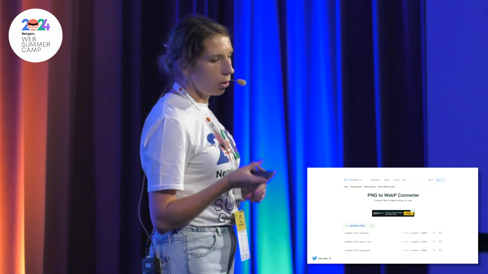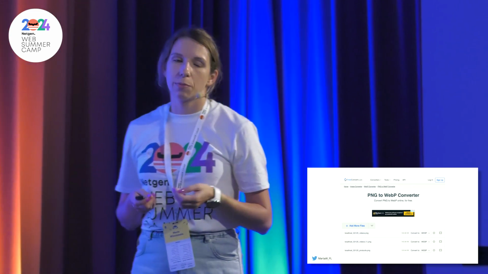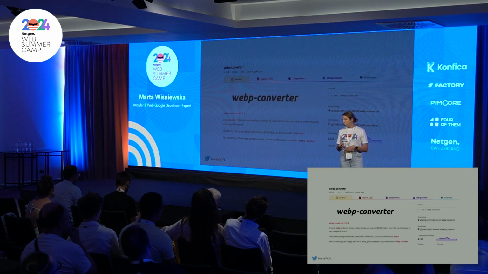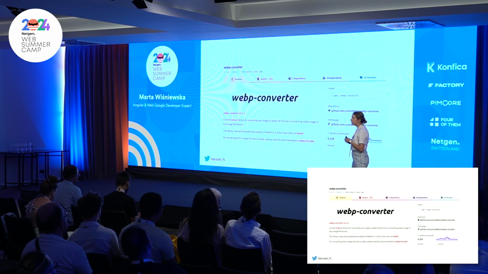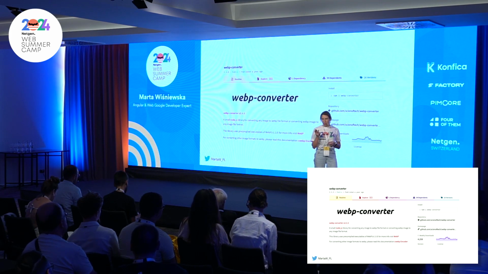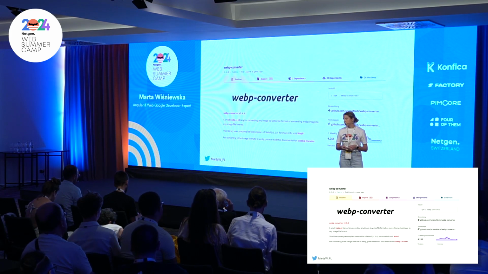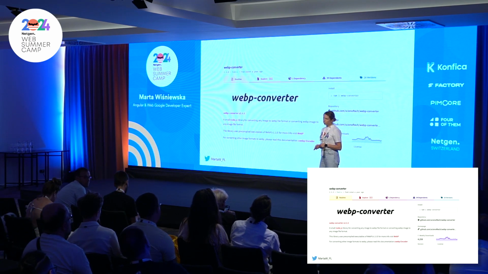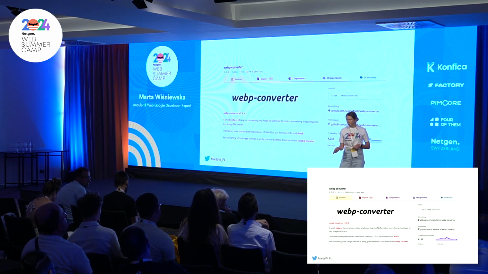Because I only had, I think, 6 images to convert, I used this free converter. But if you have, for example, an app with a bunch of images that you want to convert automatically, there is a nice Node.js tool that you can use from your console, to write a script and convert multiple images at once.